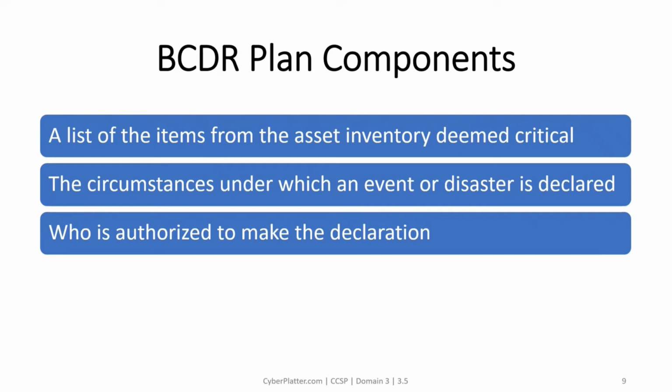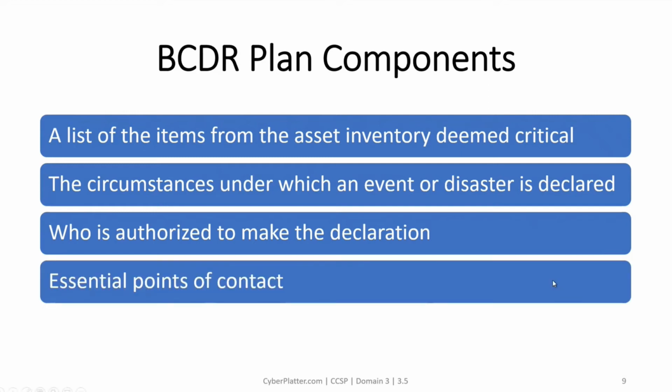This should only be done when there is a high degree of assurance that all safety and health hazards have been removed and operating conditions and risks have returned to normal. Resuming standard operations can make the existing disaster worse or cause a new one. Essential points of contact.